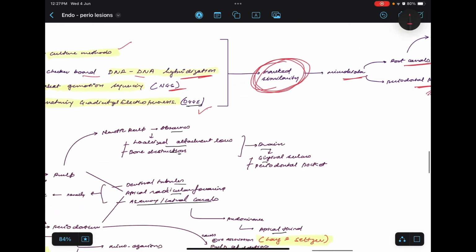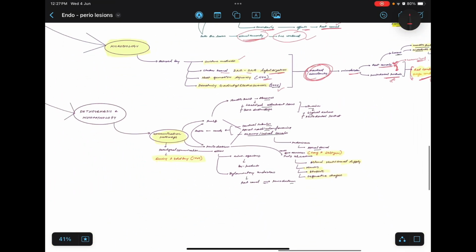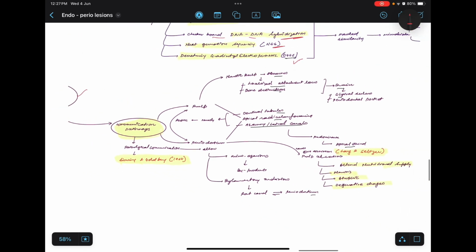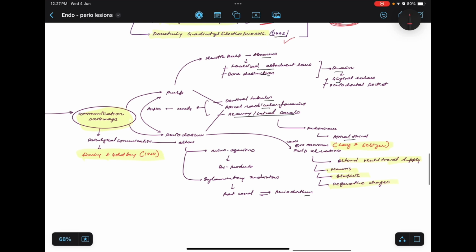Now moving on to pathogenesis and histopathology, where we will talk about the communication pathways. We know that pulp and periodontium communicate with each other, right? How do they communicate? Through dentinal tubules. Not through dentinal tubules actually, I'm sorry for that. Through apical and radicular foramina and accessory or lateral canals.